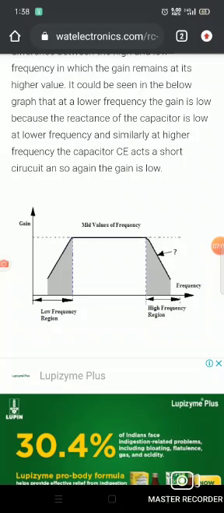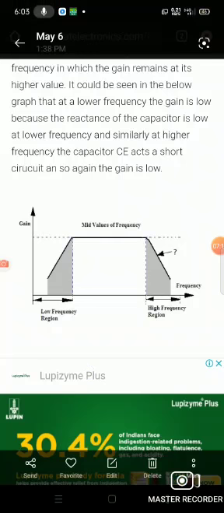So the amplifier application is in audio frequency applications, right? That's why at the audio frequency region the amplifier output has good signal strength, right?